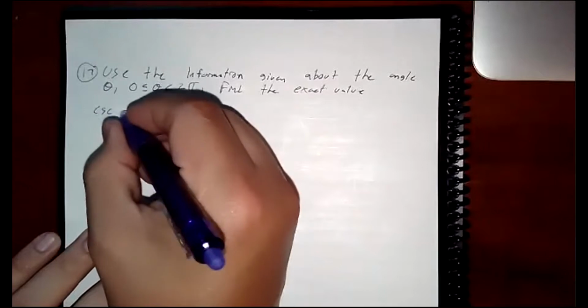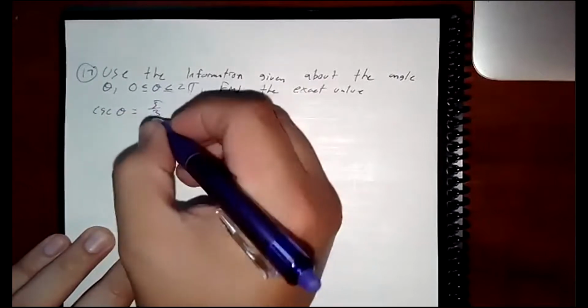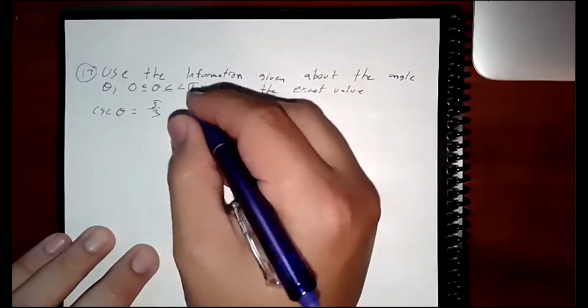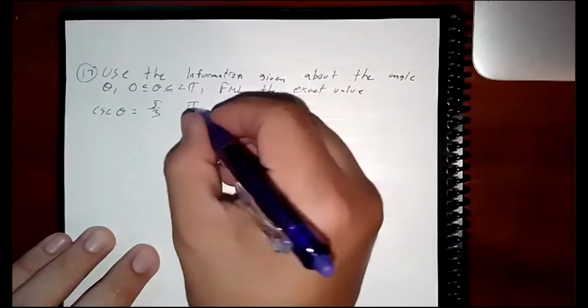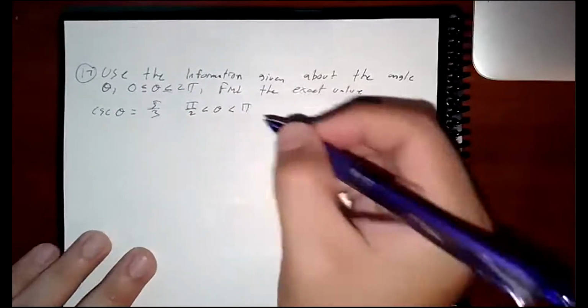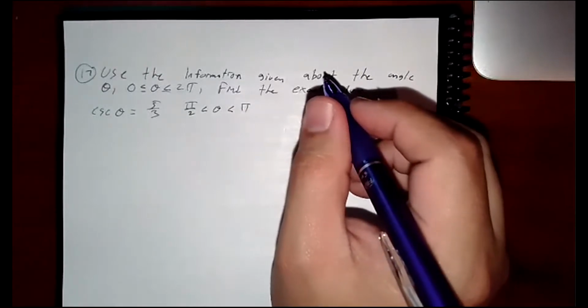Cosecant theta is equal to 5/3, and theta is between pi halves and pi, which would tell us that it's in quadrant 2.